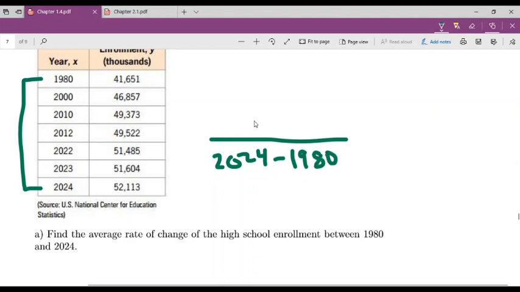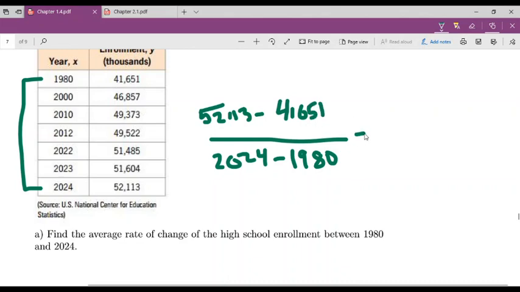Okay, and we need to do that 52,113 minus that 41,651.